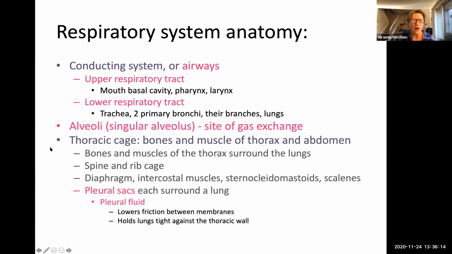And then we've got our thoracic cage, and that includes the skeleton that's in there, as well as the other organs and connective tissue. This might not be as inherently obvious, but we need our thoracic cage in order to keep the lungs and airways in a physical state so that they work.